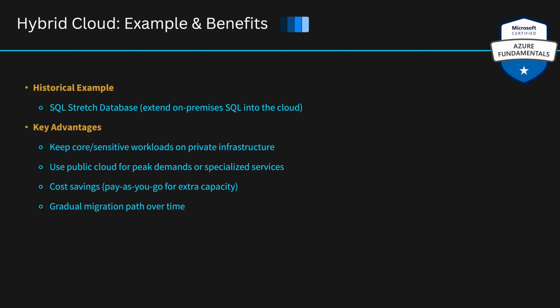This balance can result in cost savings and improved performance since you're only paying for extra resources when you really need them. Moreover, it offers a smooth path for gradual migration. An organization might start with a primarily private environment due to legacy constraints and then migrate parts of its workload over time to a public cloud as applications are refactored or modernized.